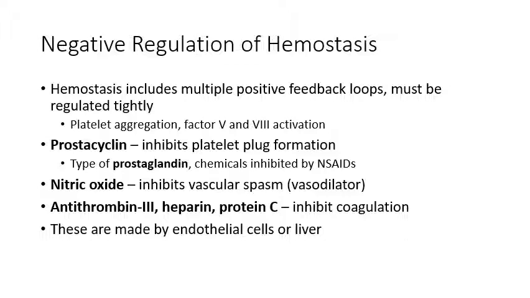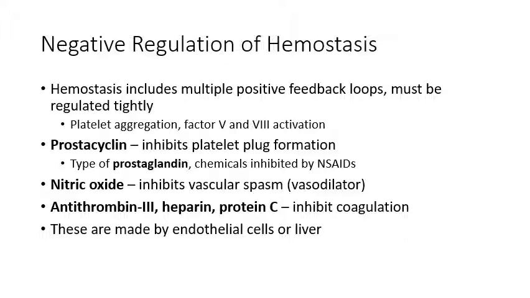Then at the end, you make thrombin, and then thrombin is going to activate the factor 5 and the factor 8, and that makes the whole process speed up and go faster. So that's also a positive feedback loop, where the more coagulation you have done, the more of those factors will be active, the faster coagulation will proceed in the immediate future, until we're done making this clot. So those are the positive feedback loops that help hemostasis go faster once it's started.